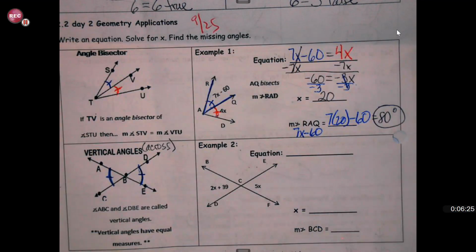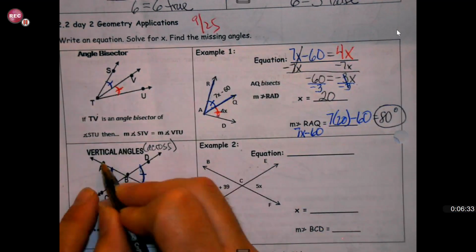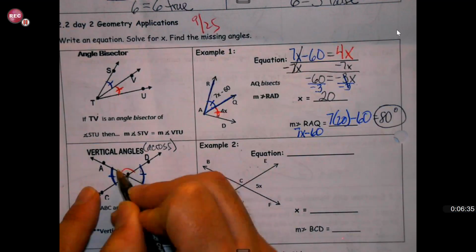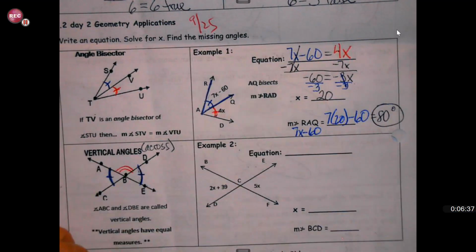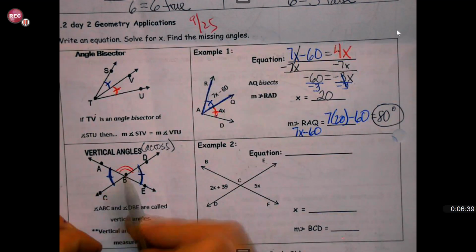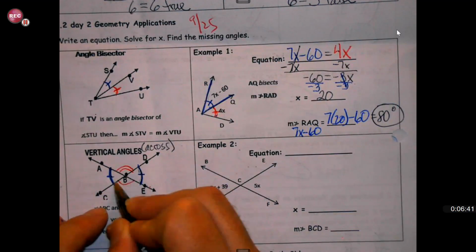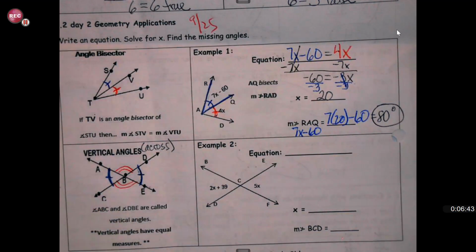I know it doesn't say this here, but it's also true that angle ABD and angle CBE are also equal because they're across from each other and share the middle, our vertex, that one point.